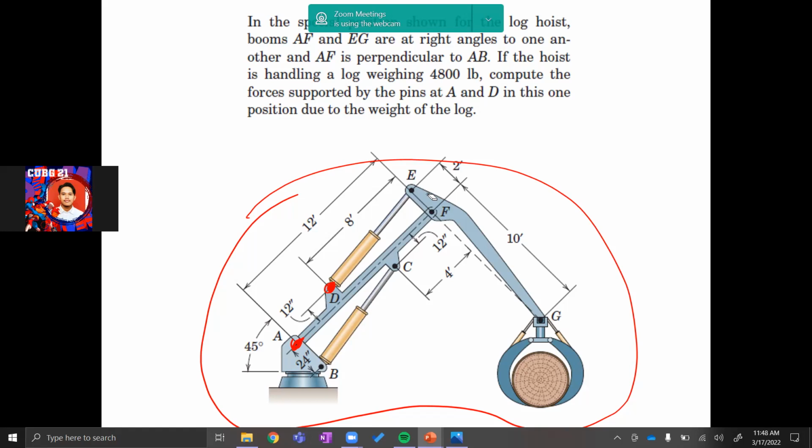So the multi-force member that is directly connected to that is which one? EFG, okay. So we can try to solve for that one first.